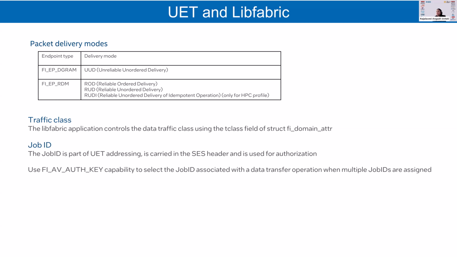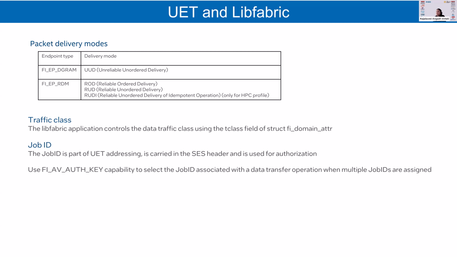Libfabric endpoints of type FI_EP_DGRAM must use UET's UUD packet delivery mode, which is unreliable, unordered delivery. And then the RDM endpoints must support the ROD, RUD, and RUDI delivery modes.